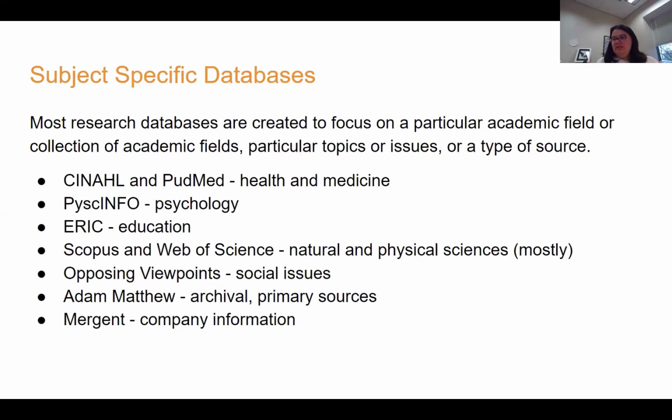Within the library, you may be used to using, especially on our homepage, the search box, where you search whatever and a bunch of different results come up, and it's interdisciplinary, right? It is pulling from political science, nursing, biology, education, depending on what your search terms are.